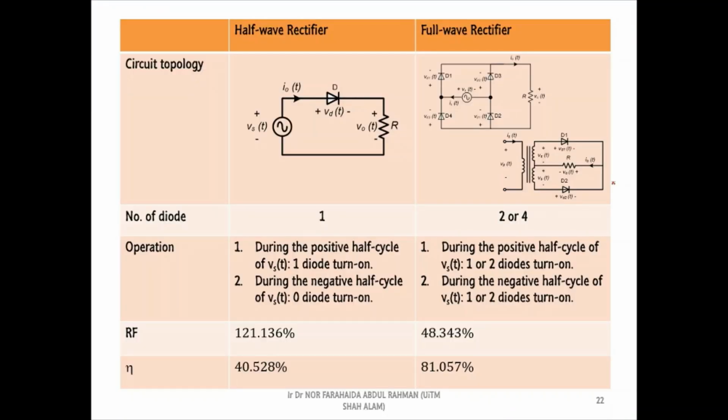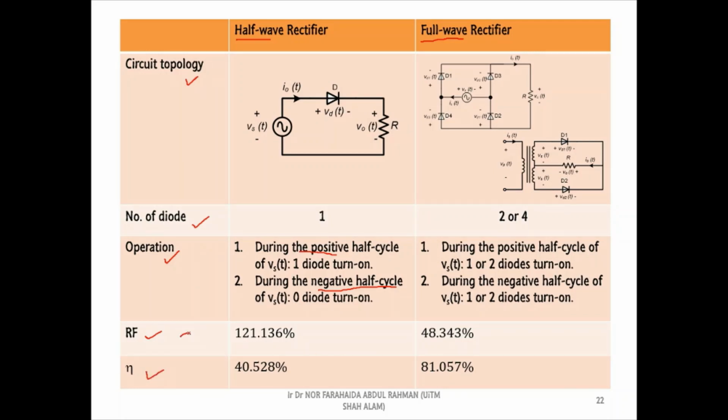Before I proceed to the example question, I want to highlight the differences between half-wave and full-wave rectifiers. Based on this table, we can differentiate them in terms of circuit topology, number of diodes used in the circuits, their principal operation during the positive and negative half cycles of the AC sources, ripple factor, and efficiency.